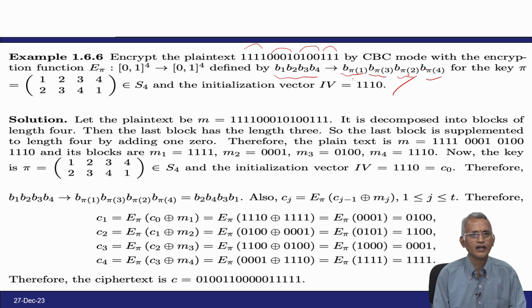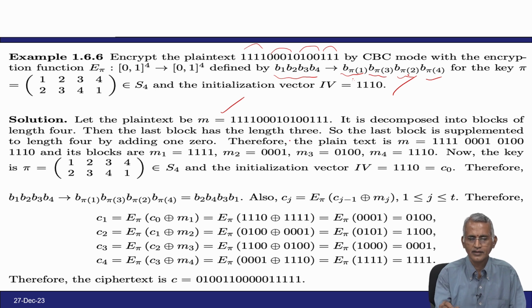So this is the key given, and based on this key you have to find the decrypt and encrypt of the function. Now the given plain text is 41 0001 0100 111. It is decomposed into blocks of length 4, because the function maps 4-tuples to 4-tuples. If the last block is shortened, we add 1 0 to make everything length 4.